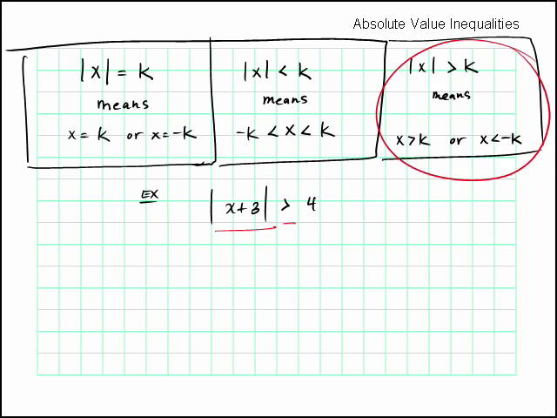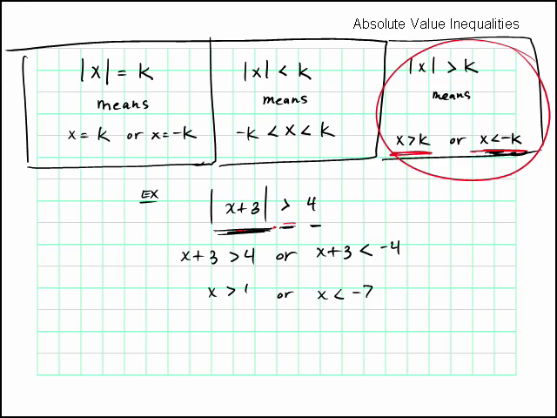And so I'm going to follow this, and that would be x plus 3 is greater than 4, or x plus 3 is less than the opposite, negative 4. That's how the pattern goes. Now I just solve for x. It would give me x greater than 1, or x less than negative 7.